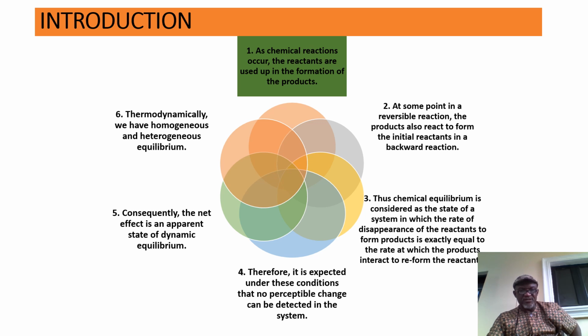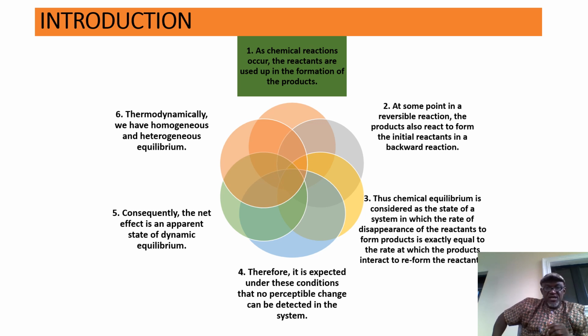Now, what that means is that there won't be any change in the concentration. Imagine that we have a class of 50 students, and I decide to say, okay, 25 stay outside, 25 stay inside. And I now want people to be coming in one by one as they are leaving, as one person is leaving, one person is entering.